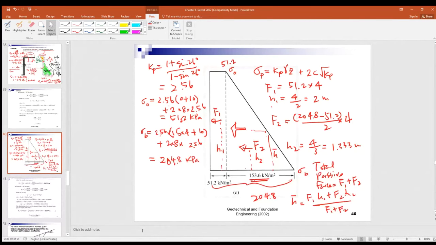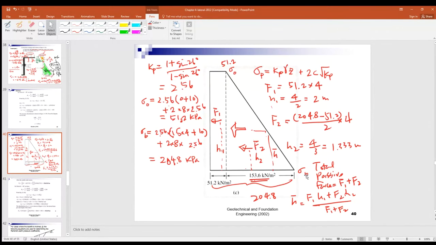So I believe you will be able to work out the forces from this pressure diagram. Just work out the area of the rectangle. Of course, for the trapezium, you have to divide the diagram into two pieces, the triangle and the rectangle, right? And work out the area of the triangle and the rectangle, and also locate the centroid.